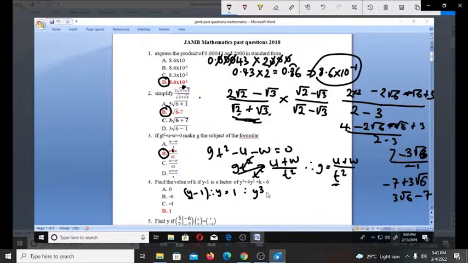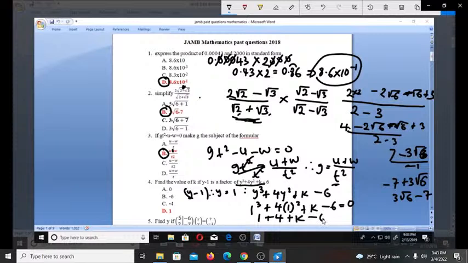So if you're putting the factors, anywhere you see y, you put 1. So you're going to have 1 to power 3 plus 4 bracket 1 squared plus k, which you don't know, minus 6 equal to 0. That's how you do it. Now 1 to power 3 is 1, plus 1 squared is 1 times 4, plus k here minus 6 equal to 0.